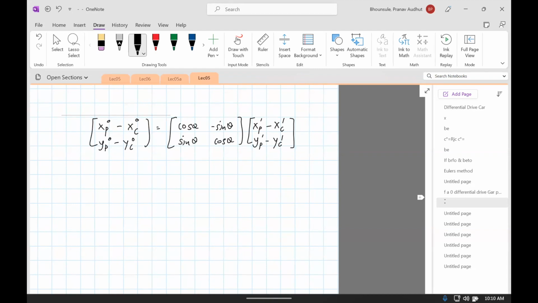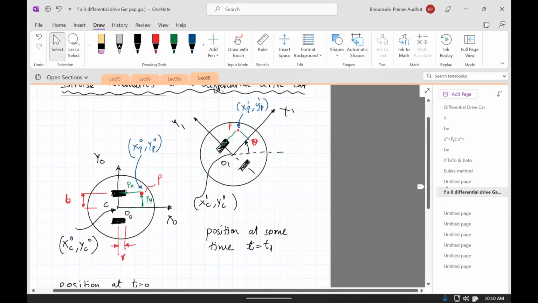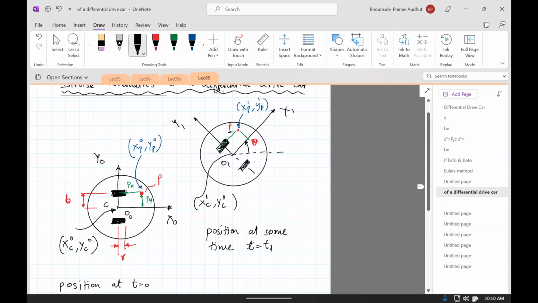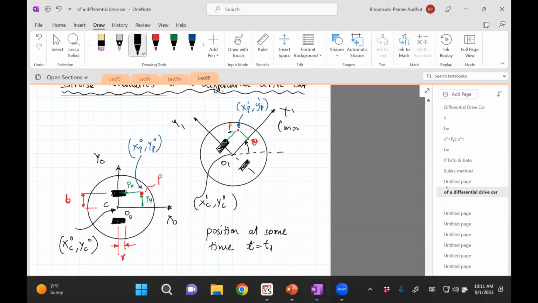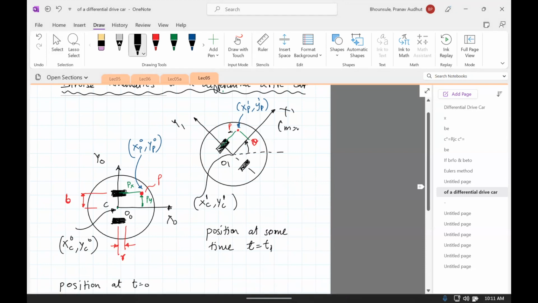Okay, but note that this part, which is the position of point P in frame 1, remember frame 1 is the one which moves with the car.